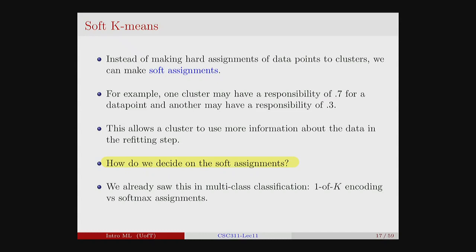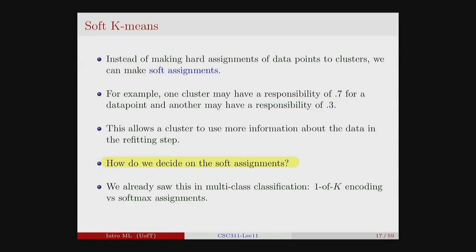And so that introduces the idea of, rather than making hard assignments of data points to clusters, we can make soft assignments. One cluster might have a responsibility of 0.7, while another might have a responsibility of 0.3.